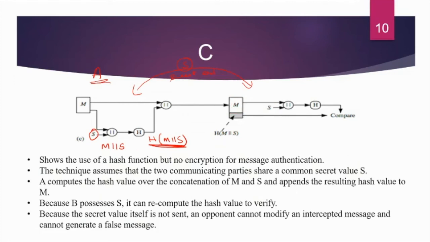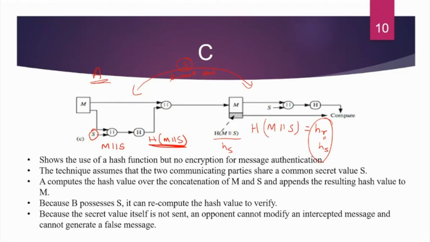At the receiver end, since the receiver also has the secret code, he will take the plain message, append the secret code, calculate the hash code HR, and then compare it with HS. So this is another way. It shows the use of a hash function without encryption, which is used for message authentication. This technique assumes that the secret code is shared between both parties.